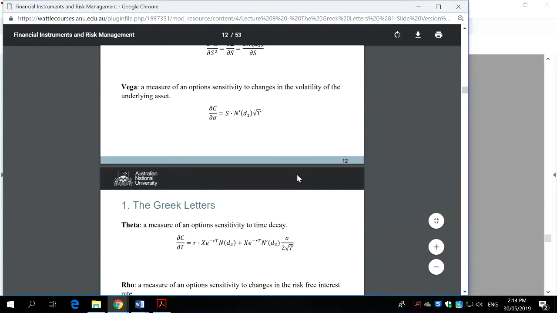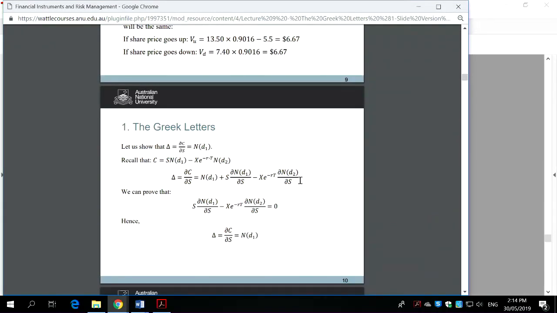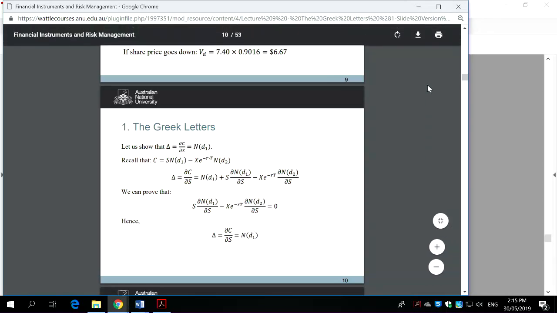Now, if you take the first derivative of the call option price with respect to the share price, the delta you're getting is in fact N(d1), right? So if you do the derivation properly, what you will get is N(d1). So N(d1) gives you the delta on the long call option, okay?